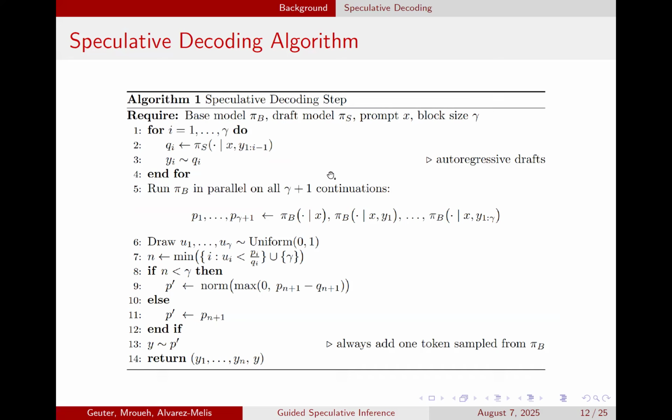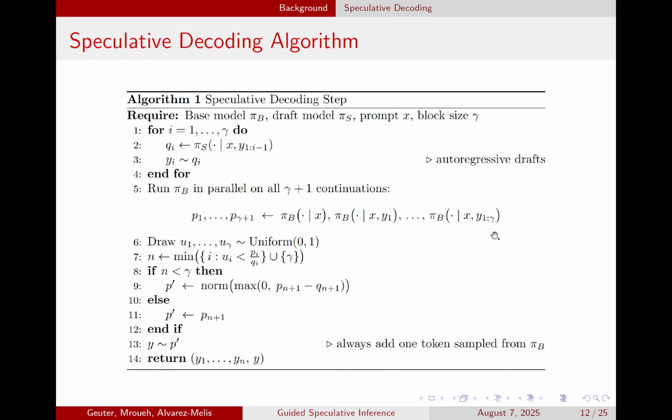For each of the tokens generated with the small model, this gives you the distribution for the next token under the big model. In particular, this also tells you, for each token that the small model generated, how likely it would have been to be generated under the big model.